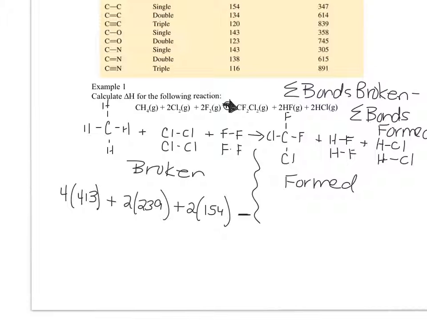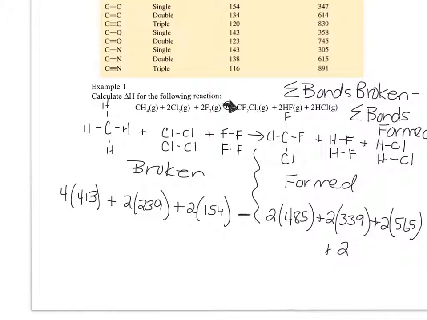So within that molecule I have 2 CF bonds, and I have 2 CCl bonds, which is 339, plus I have 2 HF bonds, which is 565, plus I have 2 HCl bonds, 427.